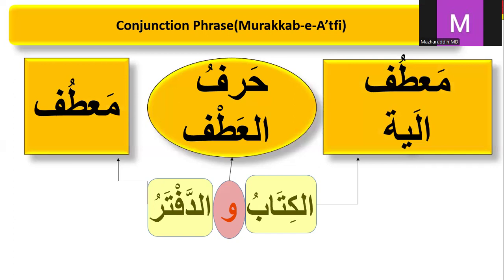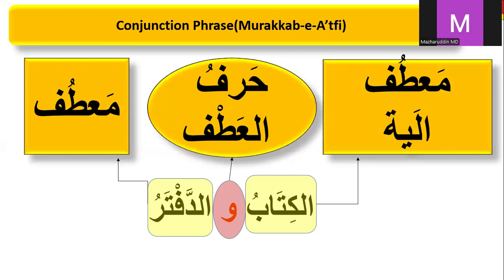I'm telling the parts of this conjunction, the way we have learned the structure of different phrases. Prepositional phrase has huruf jar and ism majroor. Then we learned about possessive phrase, which has mudaf and mudaf ilayhi. Then descriptive phrase, the first is mausuf and the second is sifat.